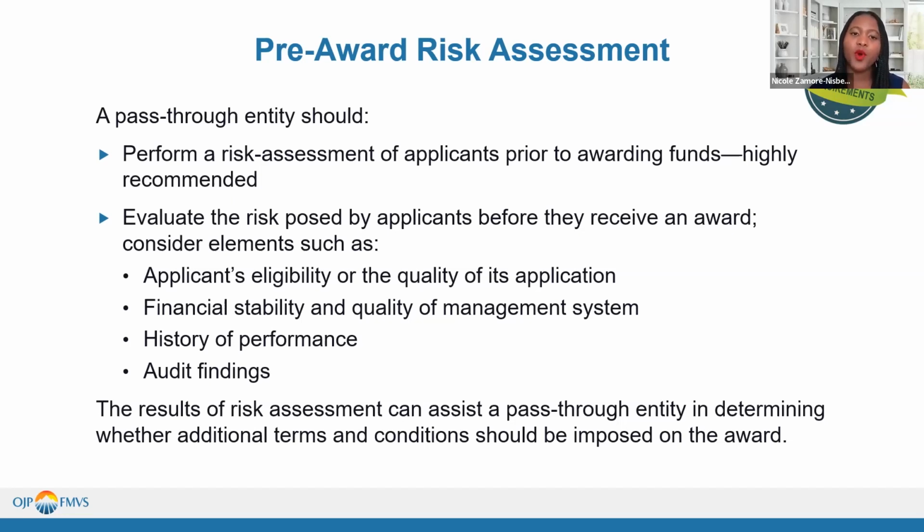Evaluate the risks posed by applicants before they receive an award and consider certain elements. For example, what is the applicant's eligibility or the quality of their application? Can they show financial stability? What is the quality of their management system? What is their history of performance? Do they have a history of poor performance?